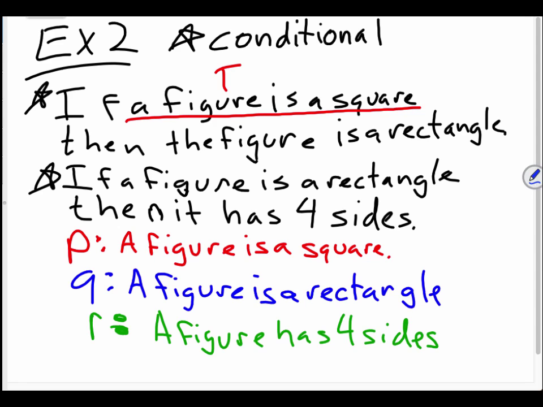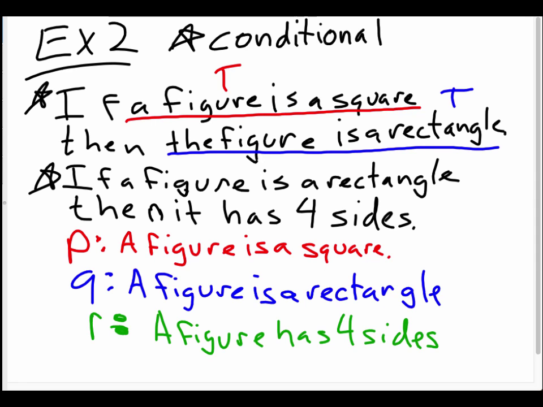Then I have the figure is a rectangle. That's also true. Okay? If it's true, right? If I'm holding up a circle, then none of this makes any sense, right? If I say a figure is a circle, then these conditional statements don't mean anything, right?